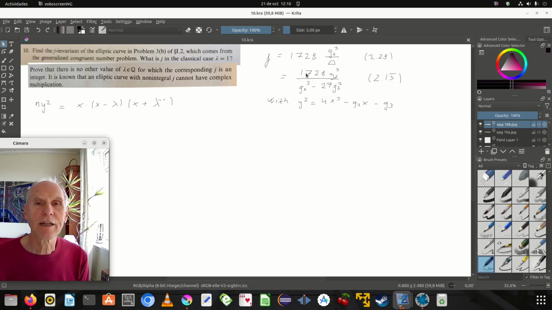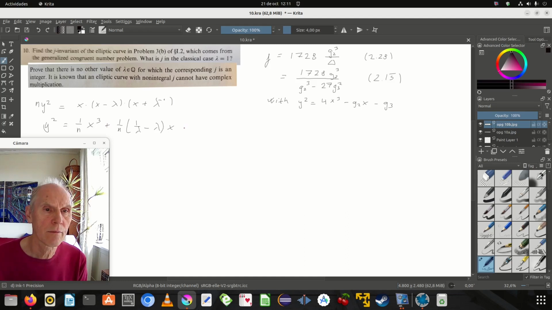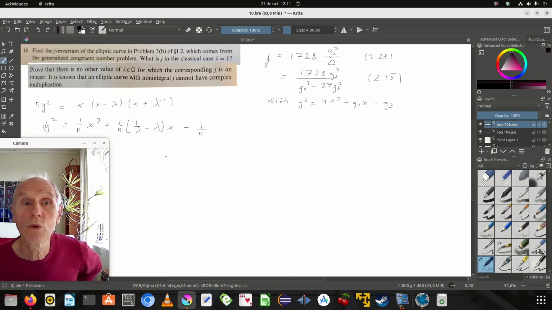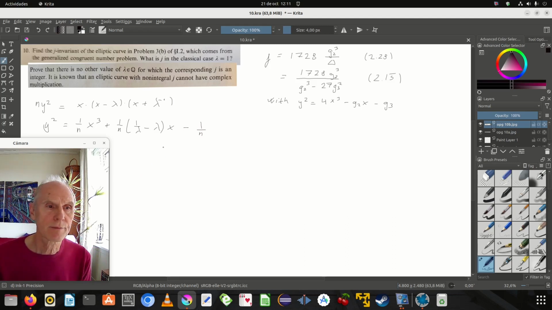I had to understand it a little when we are in another context like this, where y squared and the sum minus 1 divided by n. What would it be in this case?